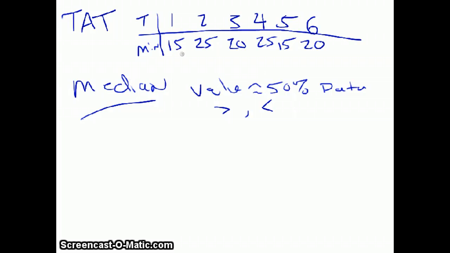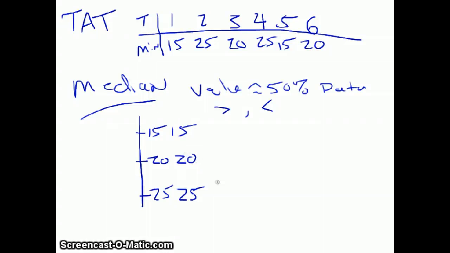How can we find the median by hand? You can do the median using Excel very simply, but how are we going to do it by hand? Well, we can put the data in a tabular format like this, and we can say we have 15, we have 25, we have 20, we have another 25, we have another 15, and we have another 20.